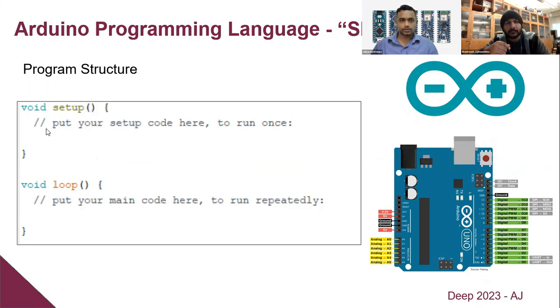Okay. We use setup to initialize things, like this pin is used as an output and this other pin is used as an input. I was just surprised. Okay, we'll cover it later.